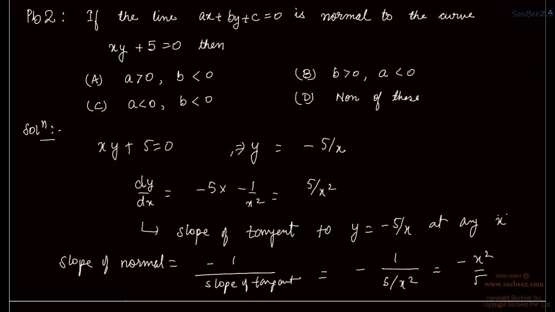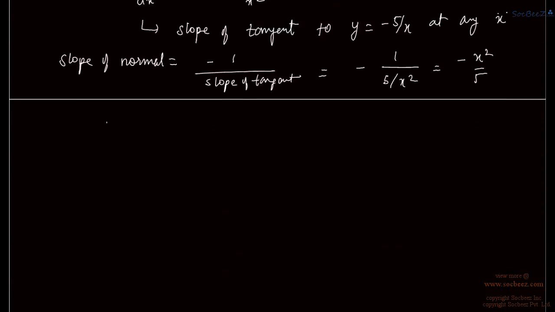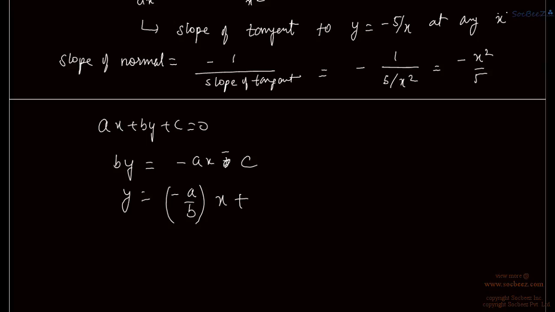So we have the equation of the line as ax + by + c = 0. If we find the slope of this line, then by = -ax - c, or y = -(a/b)x - c/b. So from here we can see that the slope is -a/b, which is always less than 0, right?